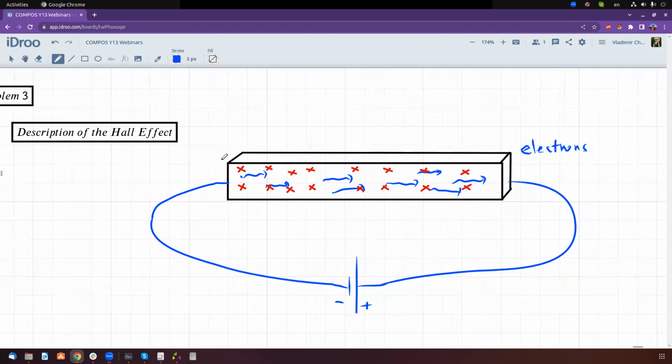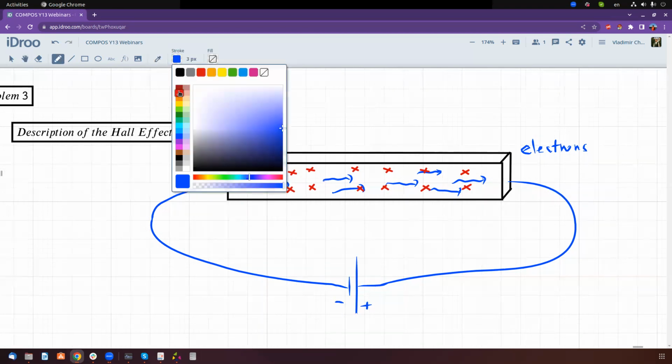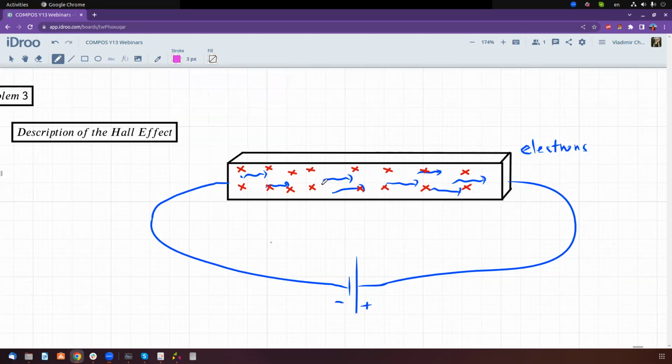So there would be a force on the electrons, causing them to push down.